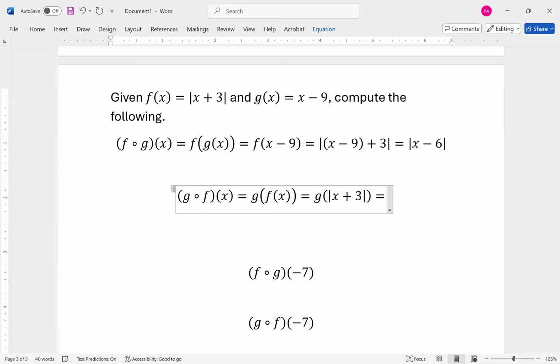So this becomes the absolute value of x plus 3 and then minus 9 on the outside of the absolute value.